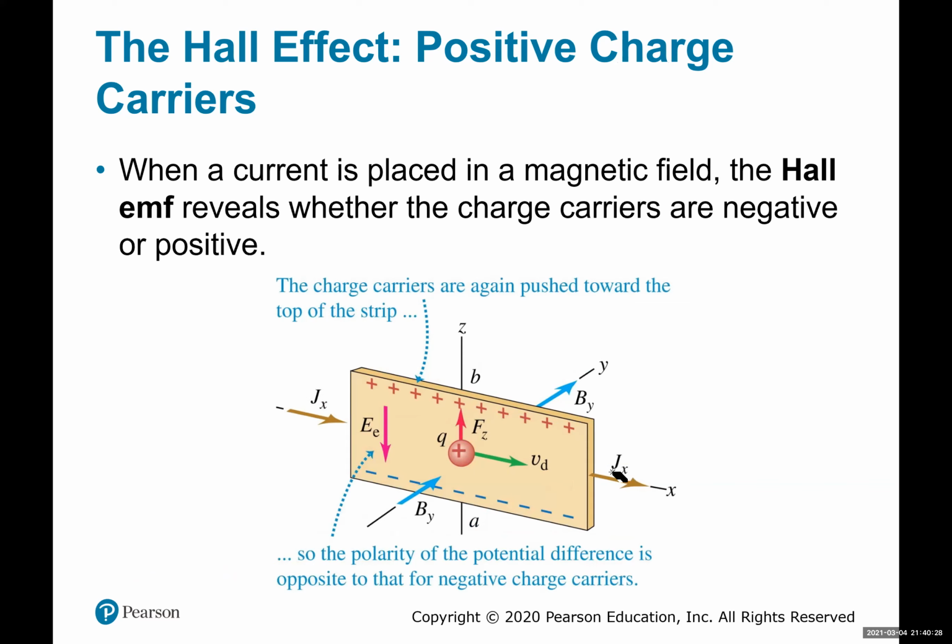But if we're pushing positive charges up, which we still would be, now the top of the strip has more positive charges than negative charges, and the polarity of the Hall voltage is reversed.